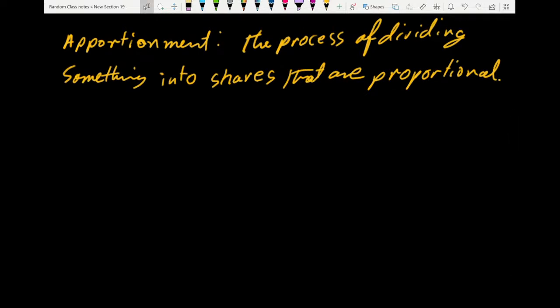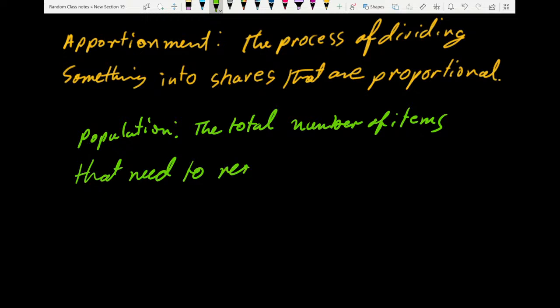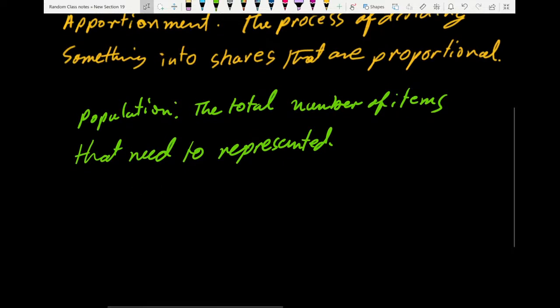So these are the words we need to look at: population. It's the total number of items that need to be represented. House size, in a way, think about it, like how's it represented?